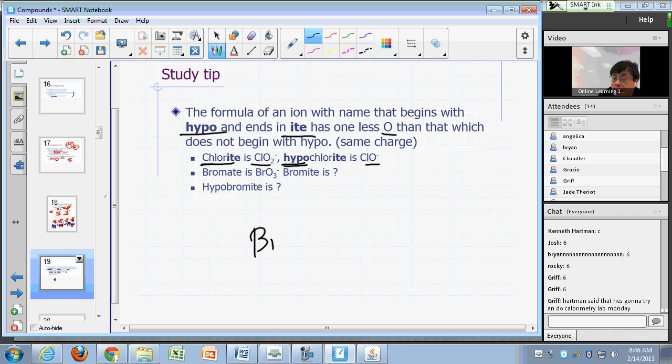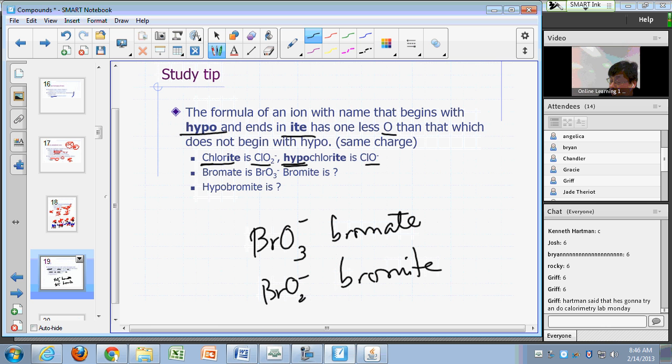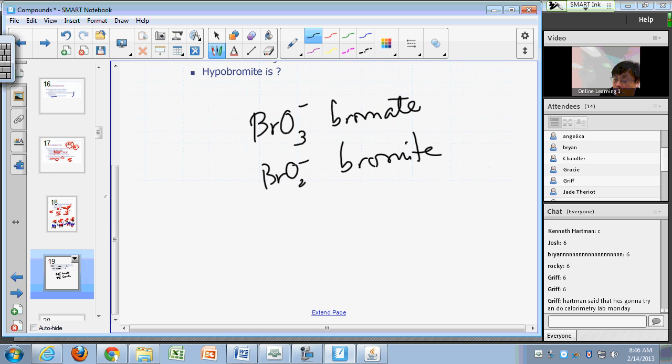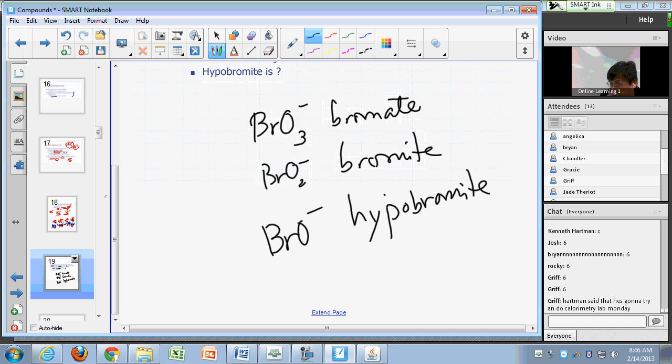So bromate is BrO3 negative 1. Bromite would be 1 less oxygen, BrO2 negative 1. And then if you put a hypo in front of the bromite, then it's just BrO negative 1. Okay?